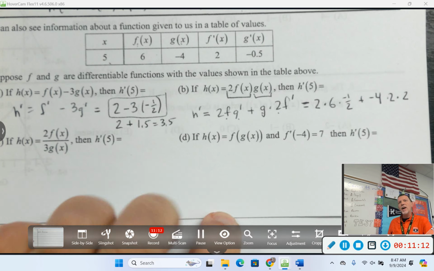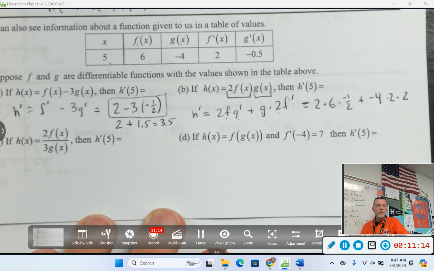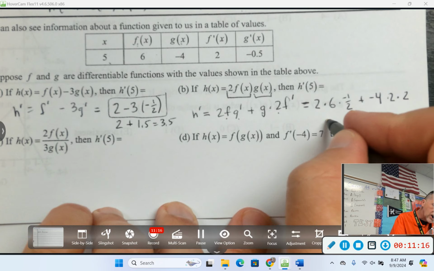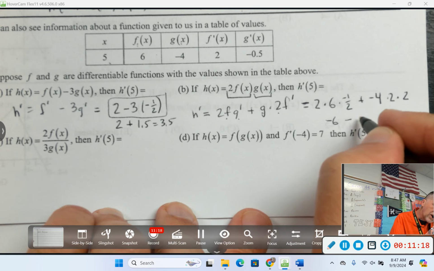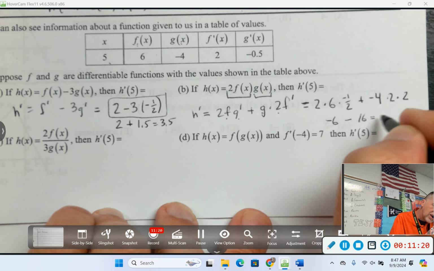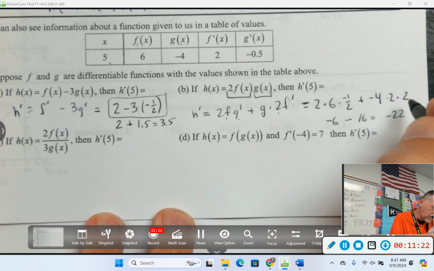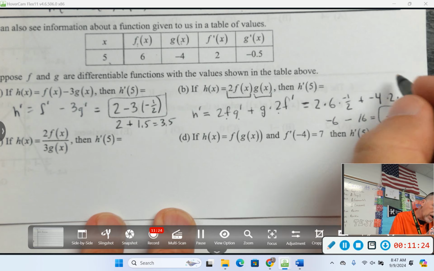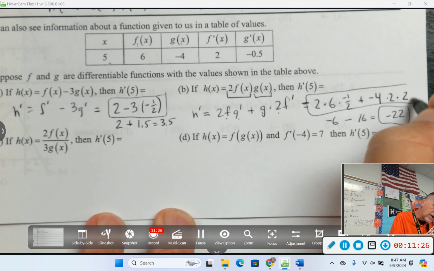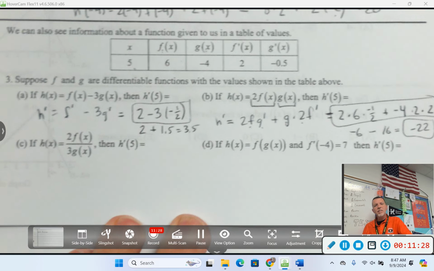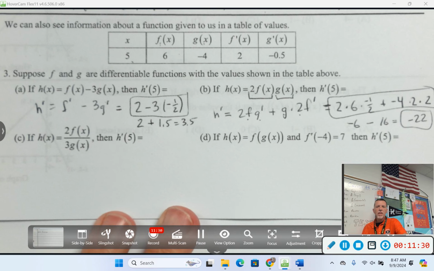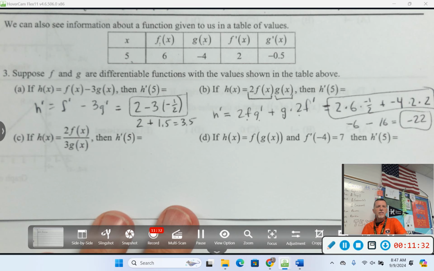And that's the safe stop, right? You've got everything there, so you're good. Negative 6 minus 16 is negative 22. But it's not multiple choice, so I would leave that as a safe stop. C I'm not real worried about, that's quotient rule.